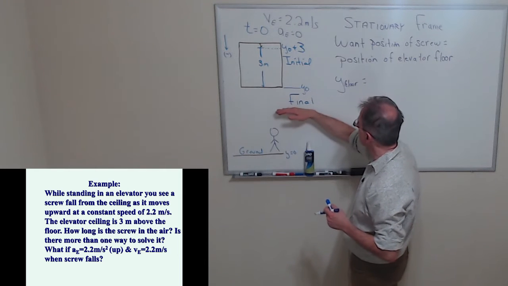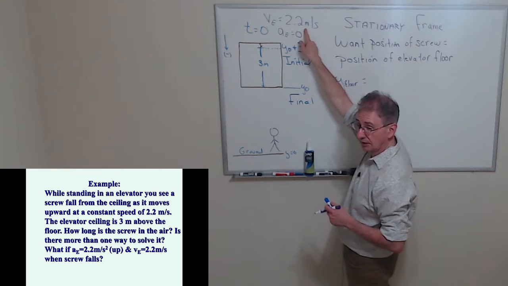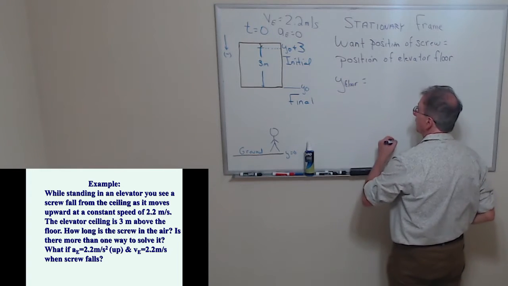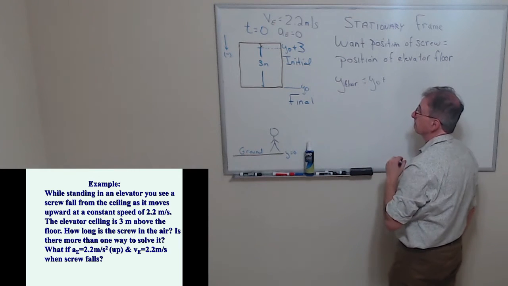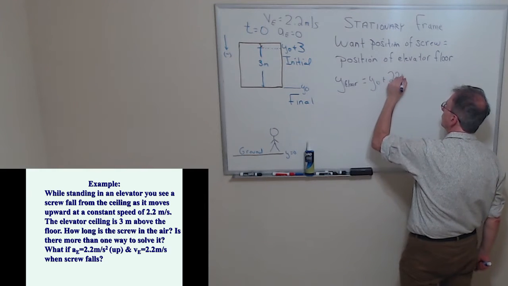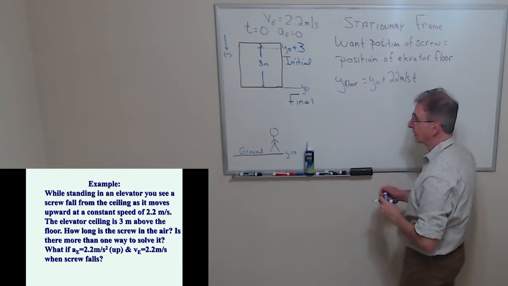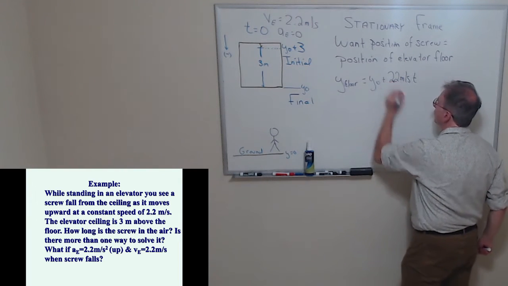So the position of the elevator floor is increasing by this amount each second. And so the position of the elevator floor can be written as y naught plus 2.2 meters per second times time, because every second the elevator floor moves up at a rate of 2.2 meters per second.